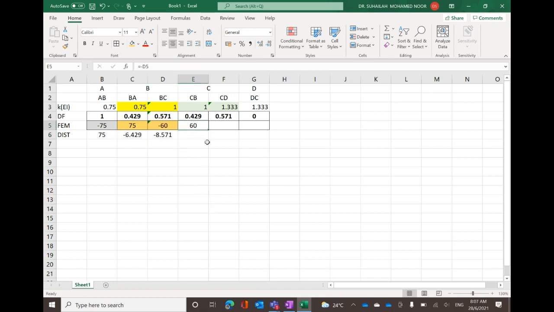We move to joint C and repeat the process again. The total joint moment is negative 60, negative because it is opposite with member end moment. CD doesn't have a value, so it only comes from CB alone. So I put negative, plus with this. For the formula, I will select it even though the value is 0.